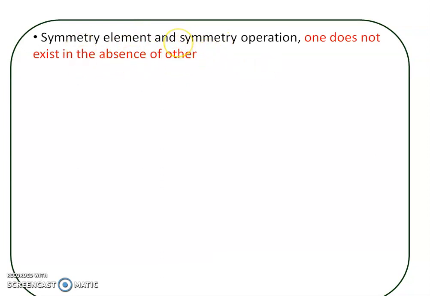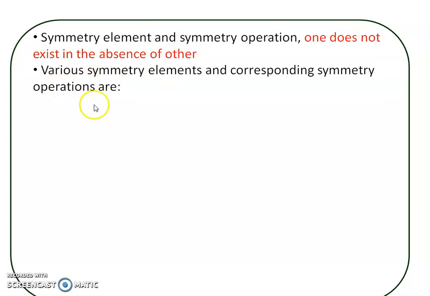Or if there is no plane in the molecule, reflection will not be there. Or if in a molecule there is no imaginary central point, then inversion will not be there. It means symmetry element and symmetry operation always exist together, and one does not exist in the absence of the other. This is very important.